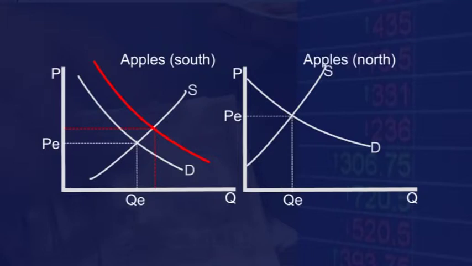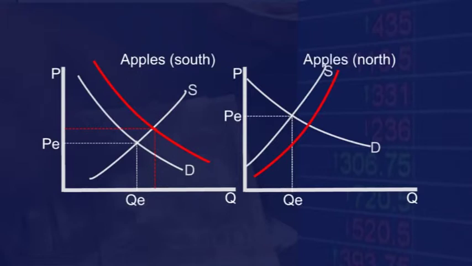But now they take these apples to the north where they intend to sell. So now, having bought in the south, they supply in the north. So to add to the plans of suppliers of apples in the north, we now have the plans to supply of these arbitrageurs. The supply curve shifts to the right. What's the effect of their behavior in the north?